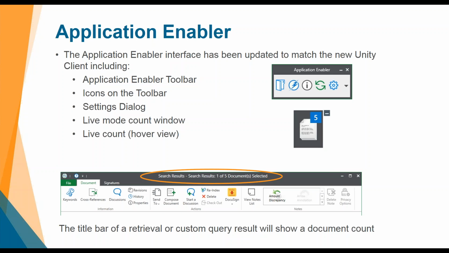If you're using the live mode count window, you can see you still get the count number. You can hover over and see the results on the bottom. It's 1 of 5 documents selected, so you know that there are 5 documents that match your search results.